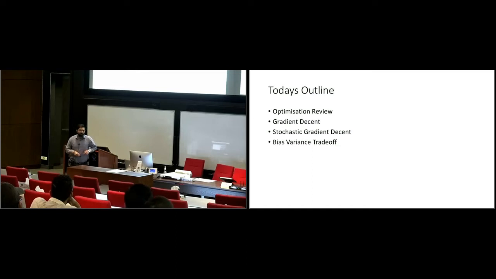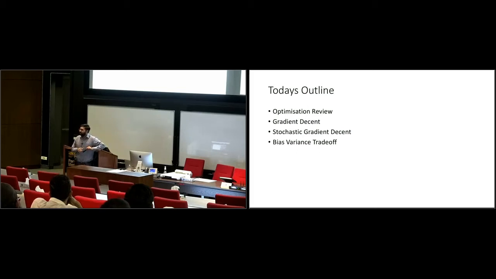Okay, so this is the outline for today. We will do a quick review of some optimization techniques that we would need to find optimum solutions in our machine learning algorithms. And we would have a look at the gradient descent algorithm. If it sounds quite fancy, let's not worry about it.